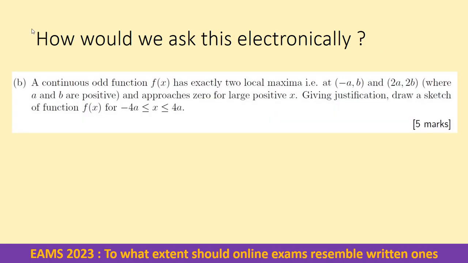A question here about continuous odd functions and local maxima and minima involved sketching, and possibly for that reason was done on paper, also wanting to see what the justification is that the students would give.